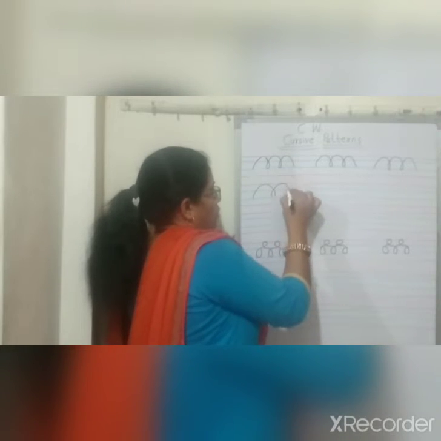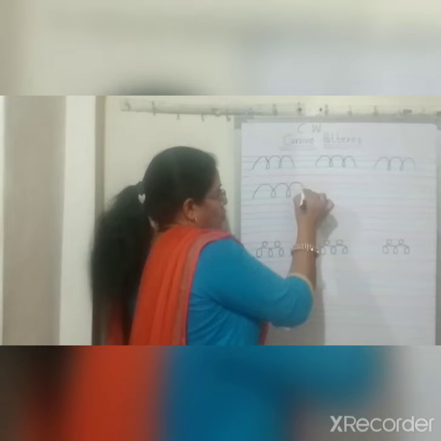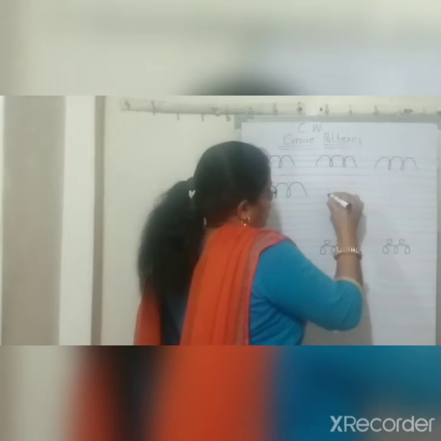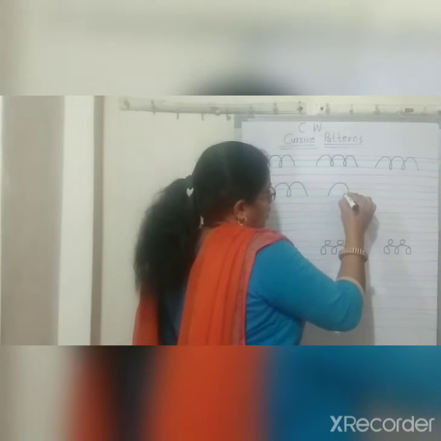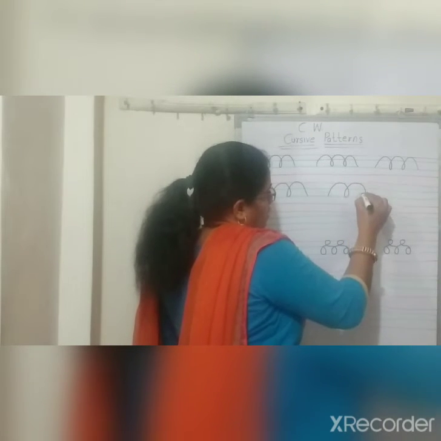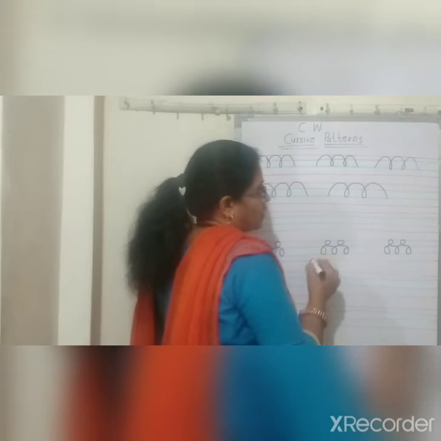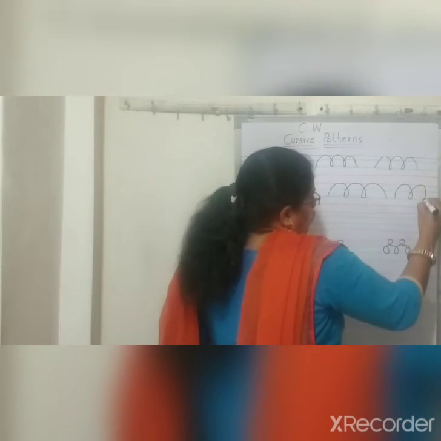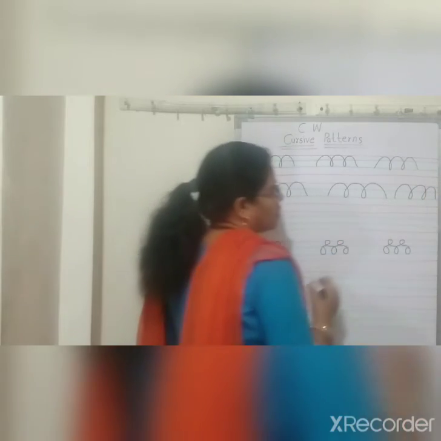Make a loop, again make a loop and end it. Again start this, make a loop in 2 lines, make a second loop and end this. Make 2 loops and end this.